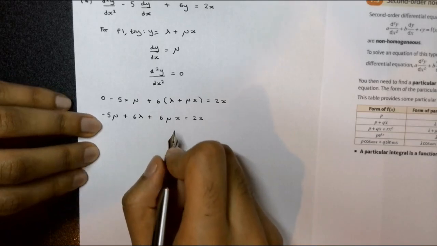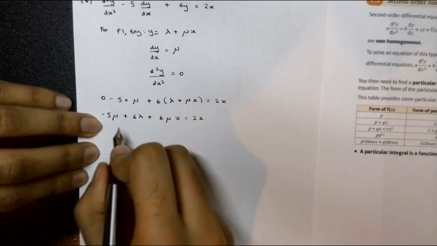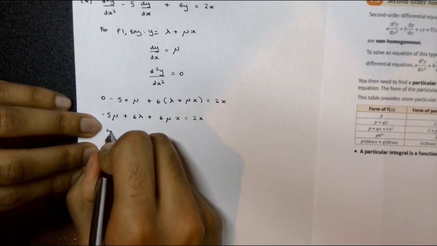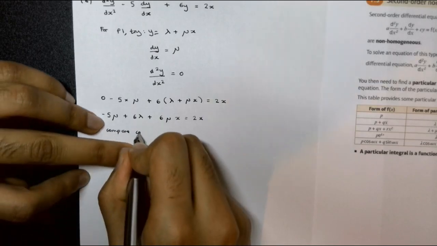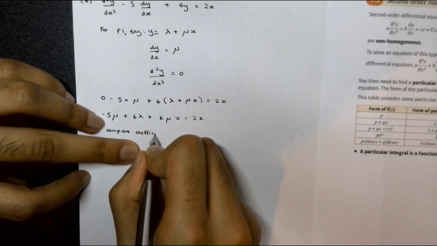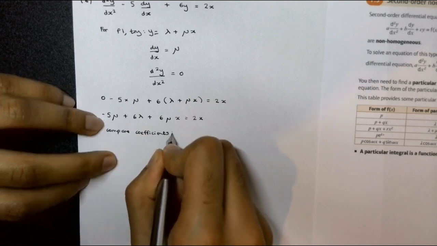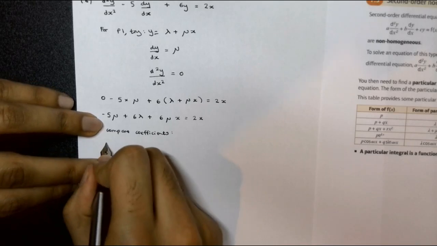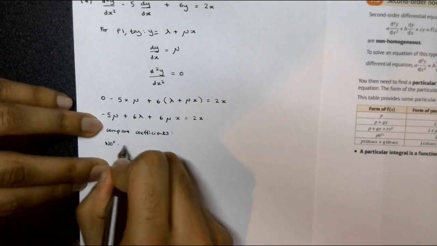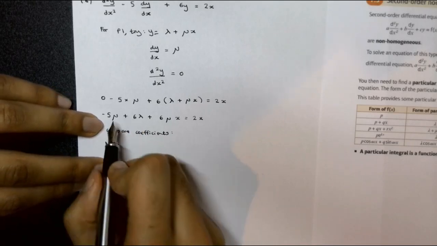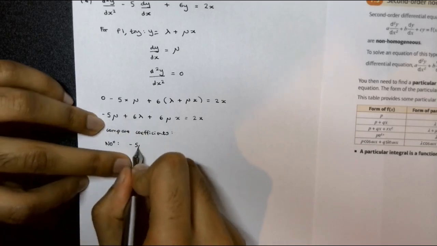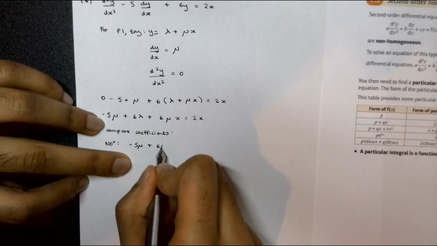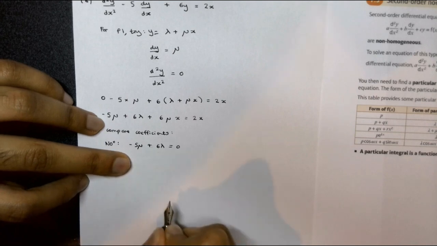And if we compare coefficients, let's just write this down. So let's compare coefficients. Comparing the numbers, you can see here we've got minus 5 mu plus 6 lambda equals 0.